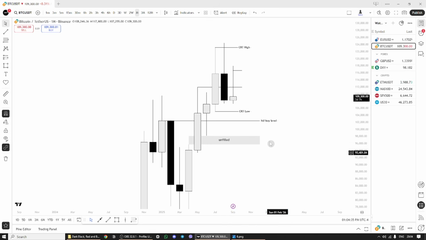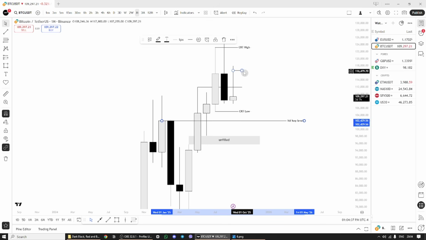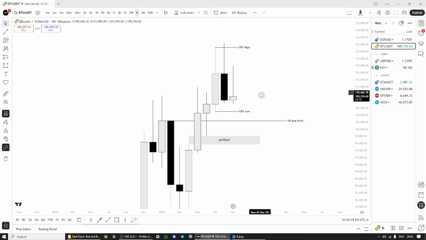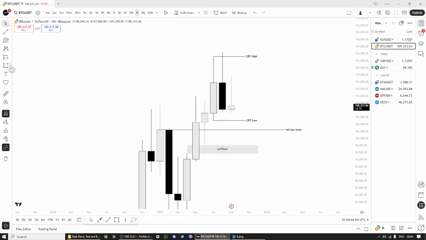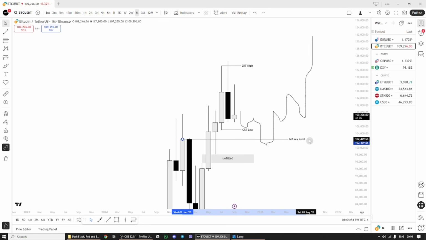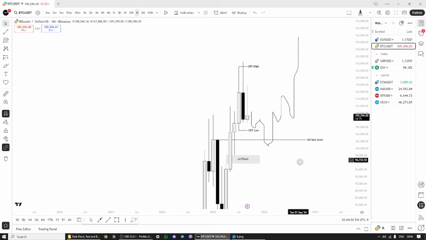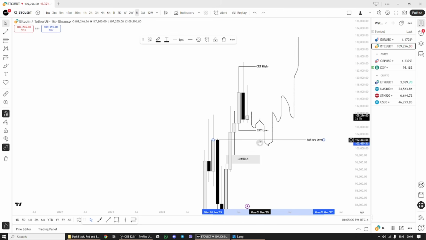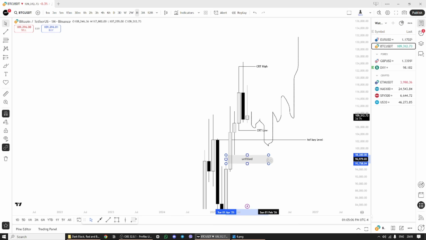So I would like to see, once we get this CRT completed like this, tap into this key level and go higher, because Bitcoin is bullish, really bullish. So this is my short-term draw on liquidity, the candle range low and the key level. The gap, I want to see it stay unfilled.